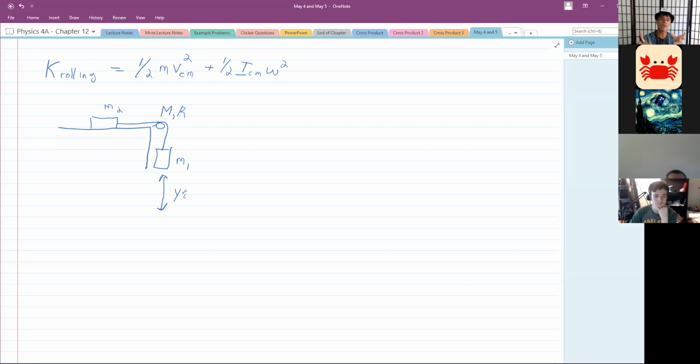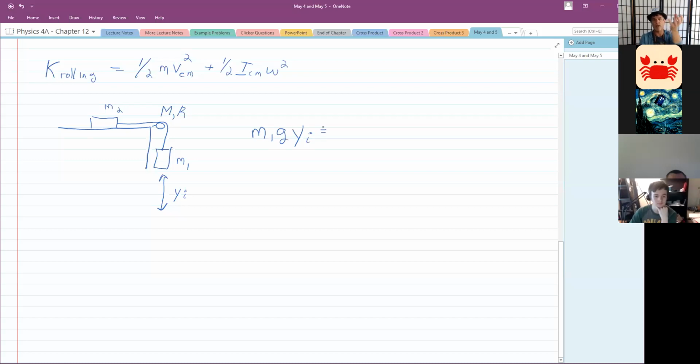Now, I'm not going to do the exact math, but initially, if I define y equals 0 for M1 to be right at the ground level and for M2 to be where it is, initially all the energy of the system is just gravitational potential energy of mass M1. So what I could say is my initial energy is just M1 times g times the initial height of mass 1.